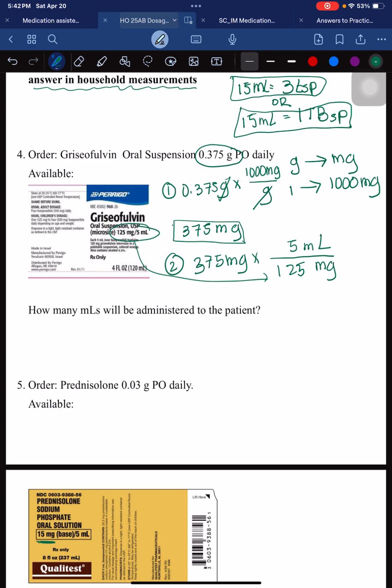So 375 times 5 will give me 1875 ml, because my mg is already canceled out here. Okay, and then I'm going to divide it by 125.